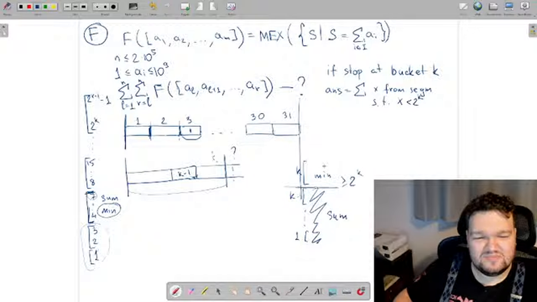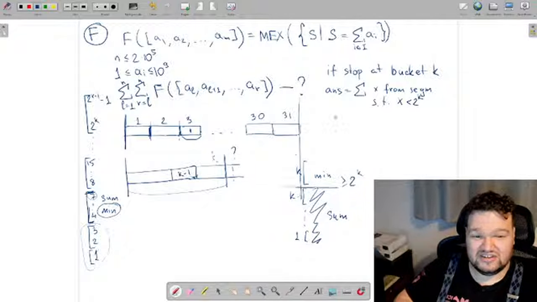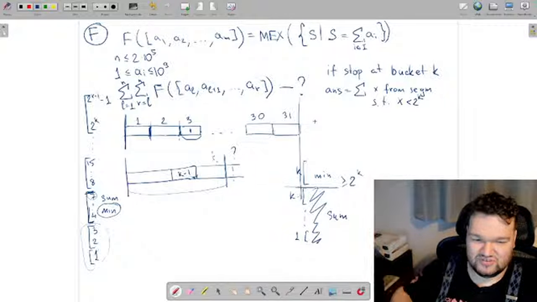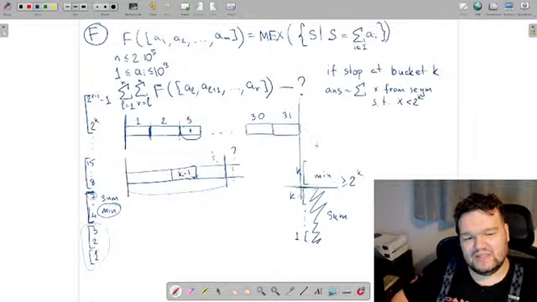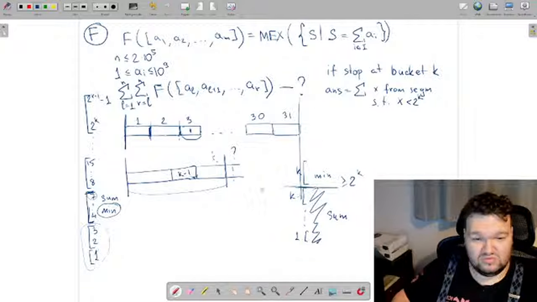If this bucket is empty, it's fine if we just take the minimum over all the values that we have greater. That will be the next value we encounter after the first k minus 1 buckets. Right. So we need to calculate minimum over big values and sum over small values.